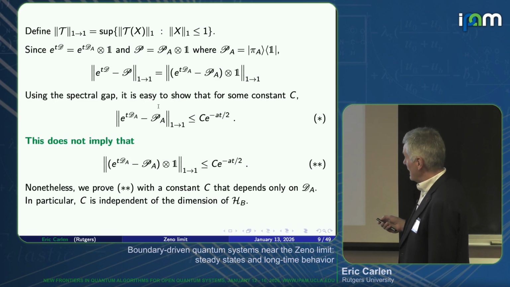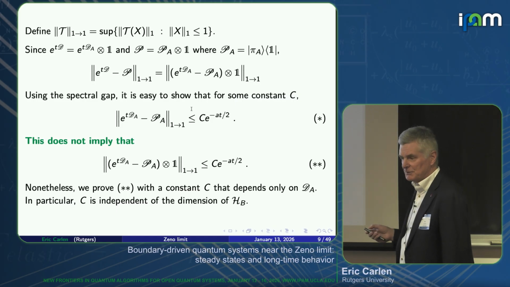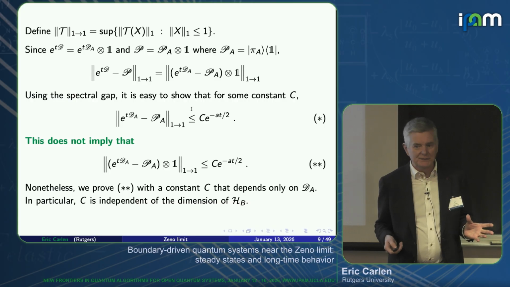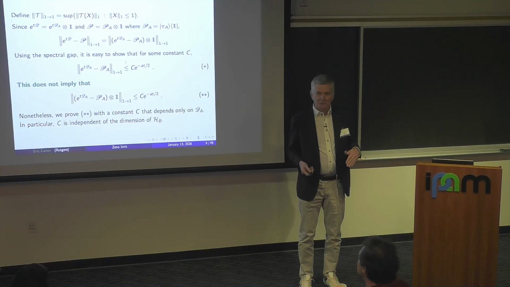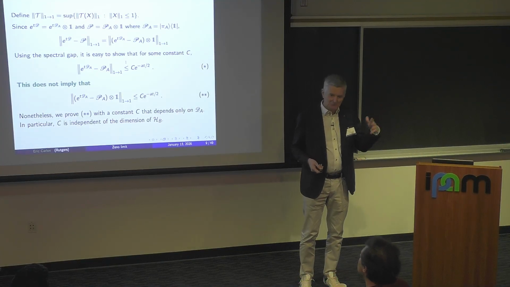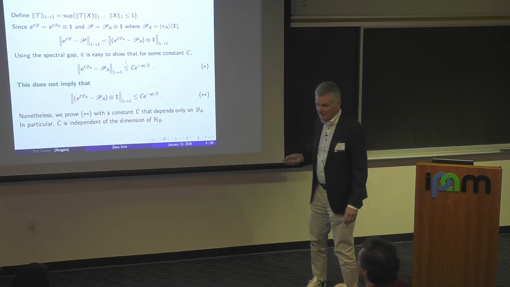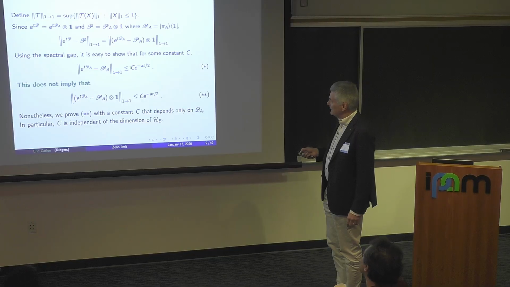Using the spectral gap, it's easy to show that for some constant c, depending only on system A, you've got this exponential decay. The A over 2: if you can diagonalize the D, you can throw away the 2 and replace it with anything close. You can get as close to A as you want, but then the C gets bigger. For convenience, I'll just chop A in half, and we've got this. The important thing is this just depends on system A.